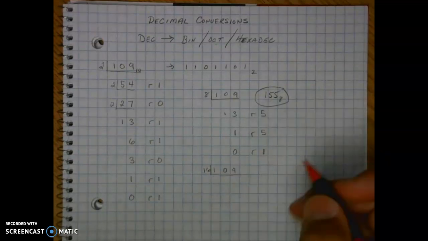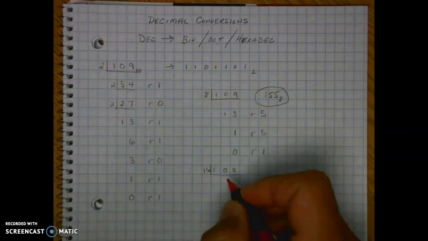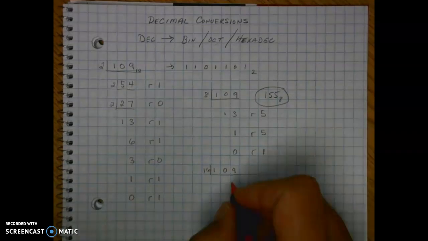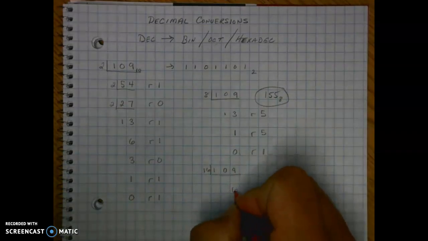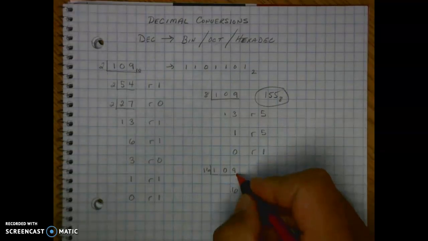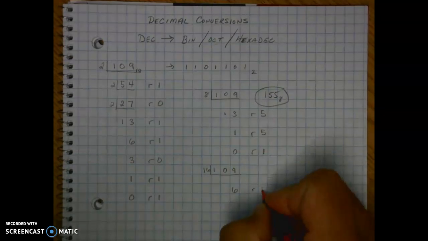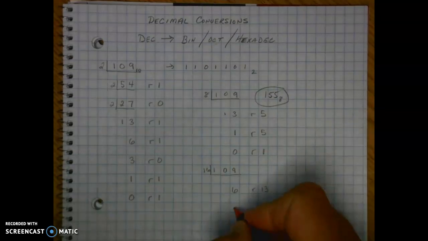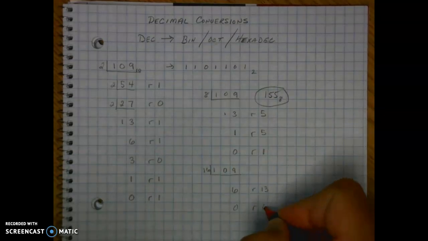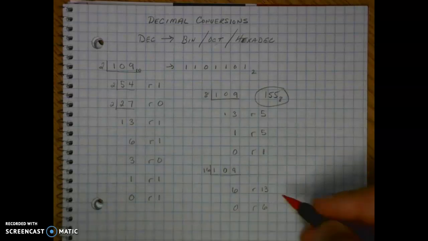So 16 times 6, I think, is the number that I need, which is 96. Yes, 96. So that went in 6 times. And if it's 96, that's 96 to 109. The remainder is 13. And 0, remainder 6. So even the hexadecimal works out even faster.